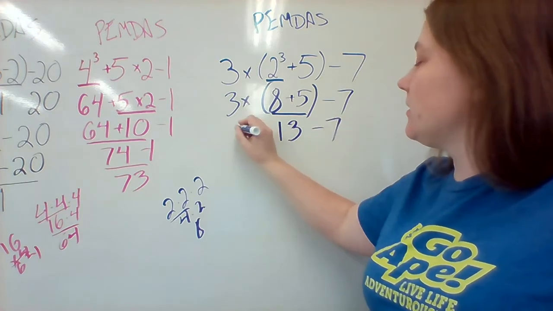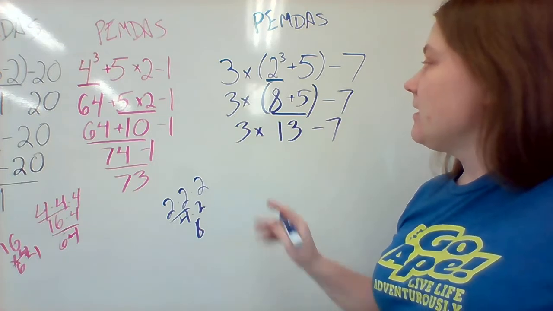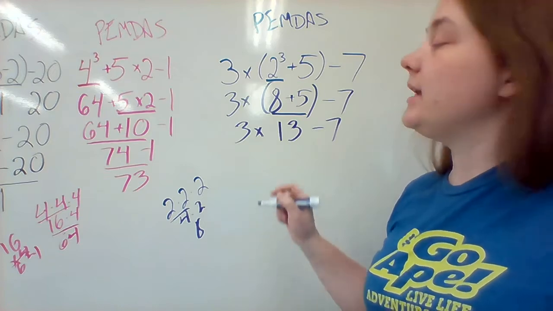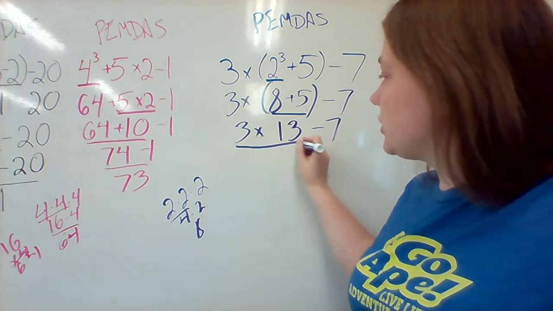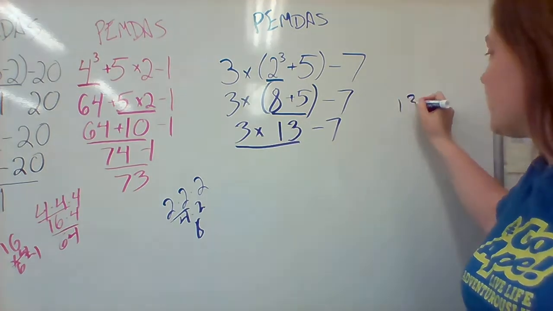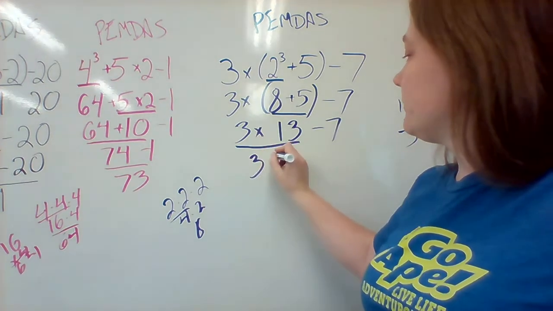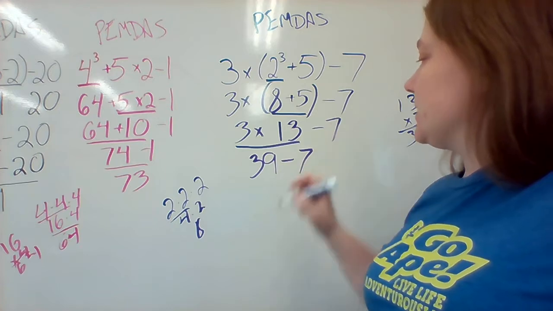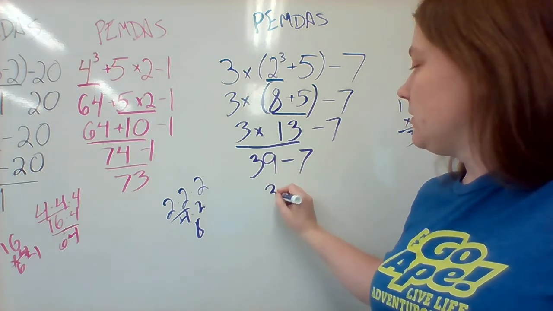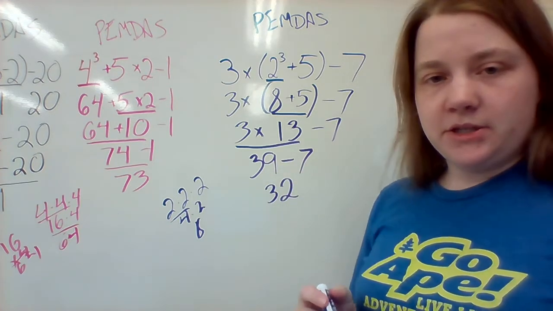Minus 7, 3 times. Copy down everything I didn't touch. Now I want to go ahead and do the multiplication. 13 times 3 is 39. Copy down the minus 7. 39 minus 7 is 32.